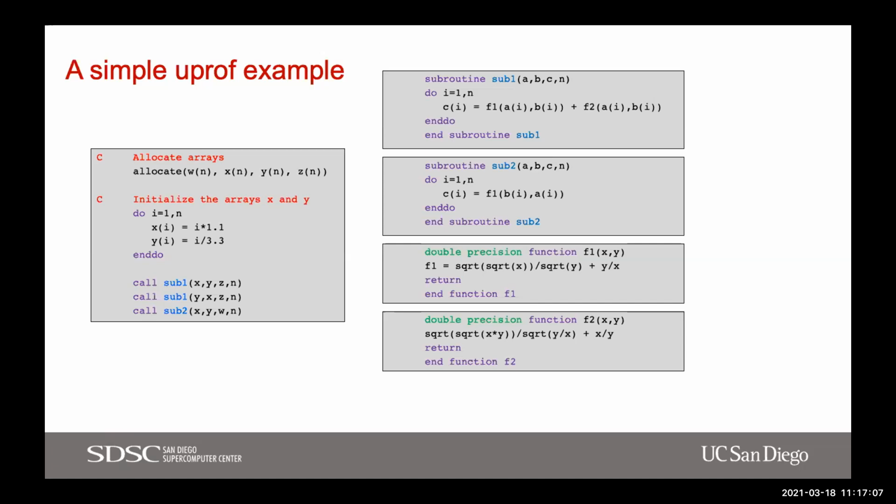Then when I look at the right panels, subroutine 1 and subroutine 2, all they're doing is executing a loop over the elements of those arrays and calling functions F1 and F2 element by element. And finally, it's in F1 and F2 where the real work is being done. And again, nothing useful, just doing some arithmetic and divisions.